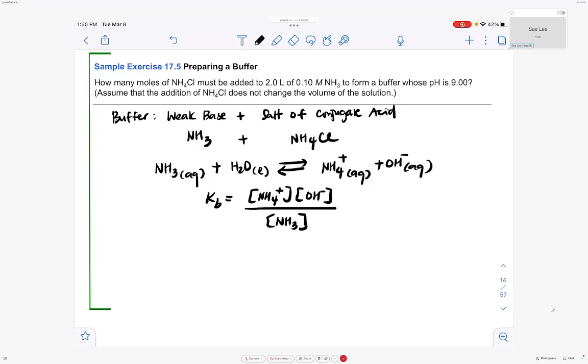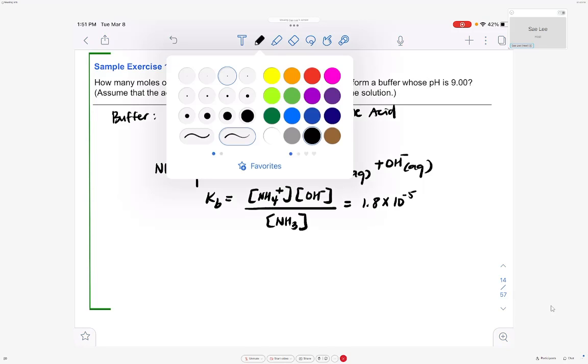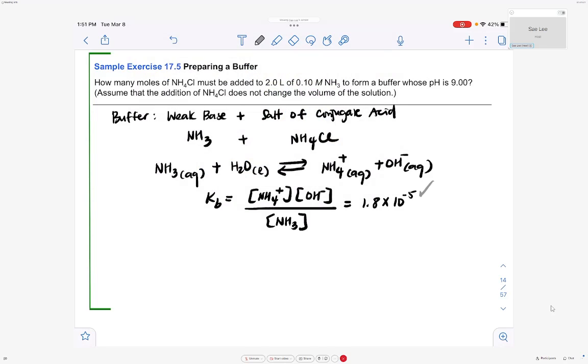And the base dissociation constants for weak bases are listed in table 16.4. You can check that in chapter 16 lecture slide. This Kb is found to be 1.8 times 10 to the negative 5. I'm going to make a note: table 16.4, chapter 16, lecture slide.